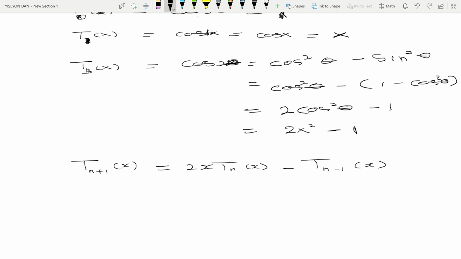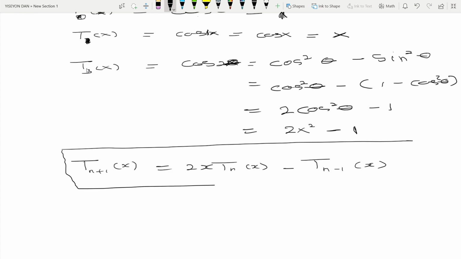So this is the general formula for calculating the Chebyshev polynomial of the first kind. We can use the same expression to solve for the other values of the Chebyshev polynomial.